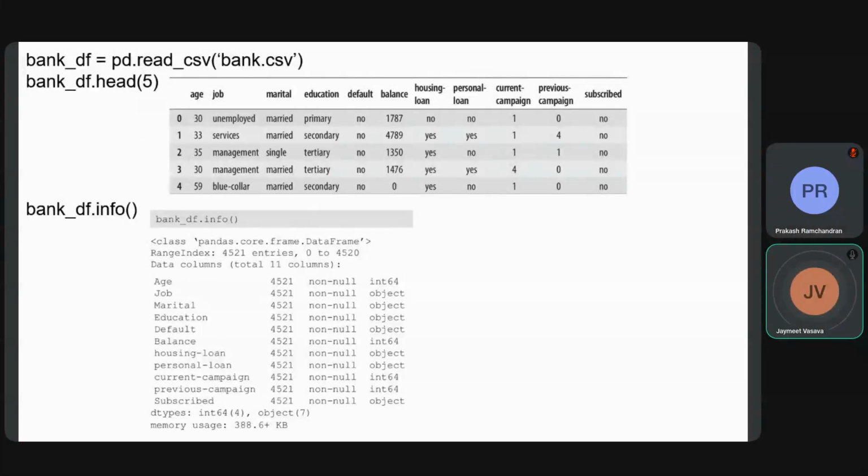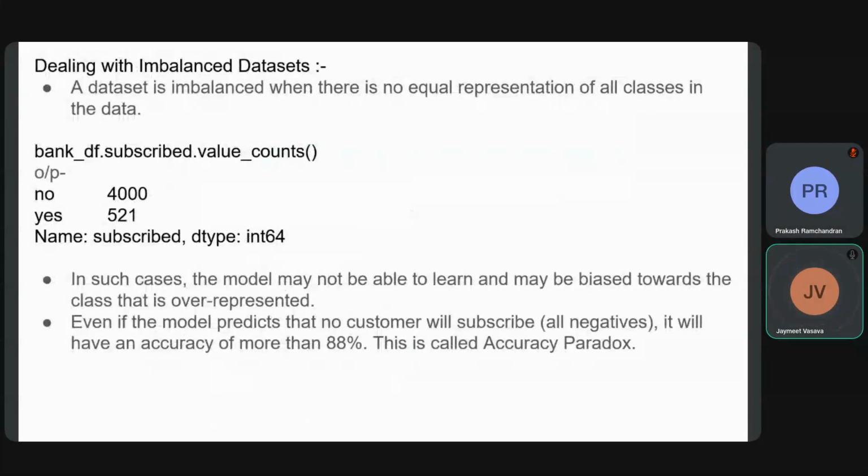First we will be checking how many values there are for yes and no on the subscribed column. So we have a total of 4,000 no's in the subscribed column and 521 yes. So our data set can be called an imbalanced data set because the number of one class is very large compared to the other one.